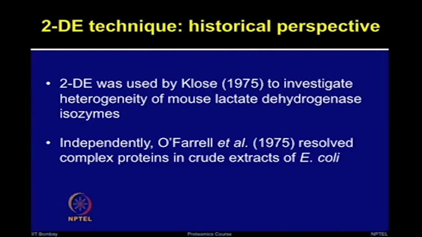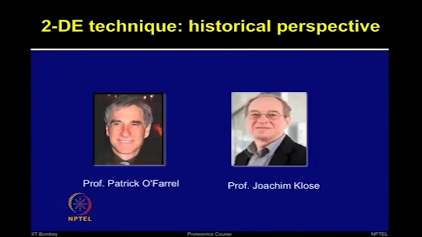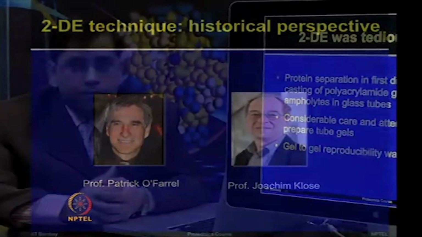Independently, Farrell was studying the complex proteins present in the crude extract of E. coli. Here are the two scientists who developed the two-dimensional electrophoresis method, Professor Patrick Farrell and Professor Joachim Klose. They made a great contribution in the field of proteomics, and the technology still remains one of the core techniques in the proteomics field.